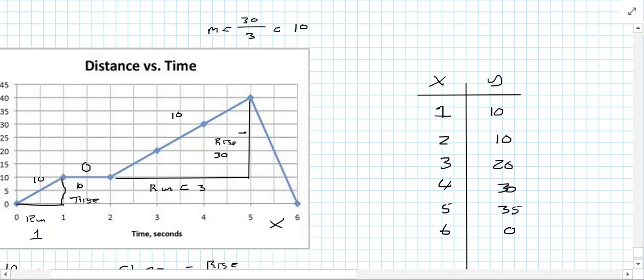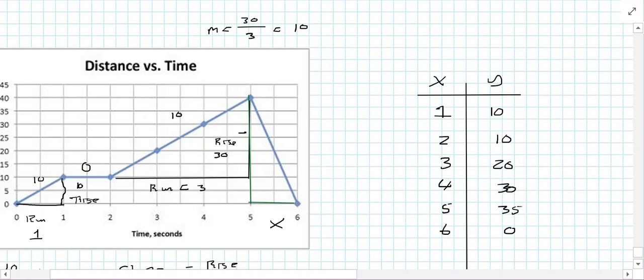And then if we look from here to here, and I'll just do this in a different color, call it green. So this here is going to be the rise, from there to there, and then the run is going to be from here to here.